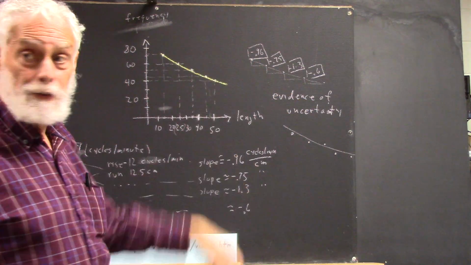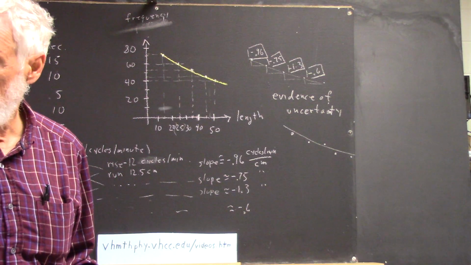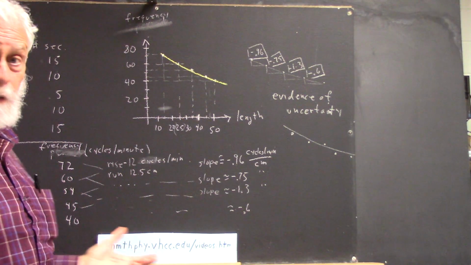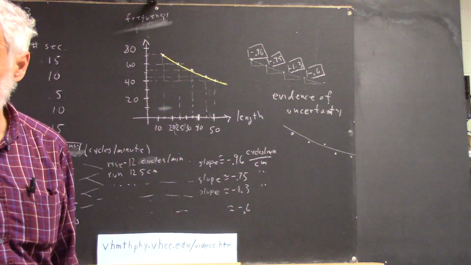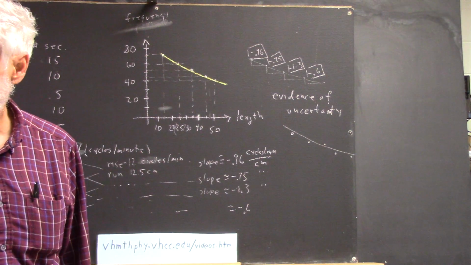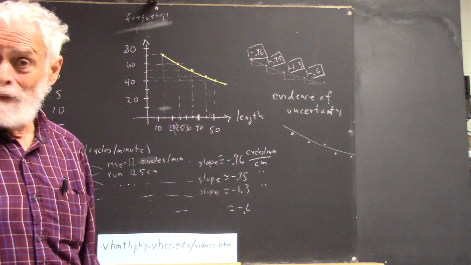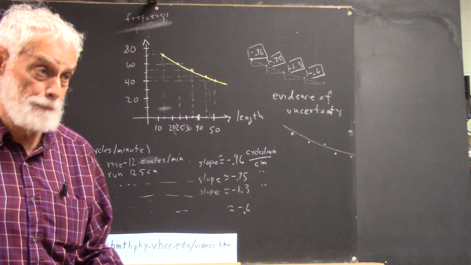So there's some evidence already that we have some uncertainties in our data. Now this comes out of the idea of a scatter graph. This is a scatter graph. We just plot all our data points, that's a scatter graph. So if somebody wanted to know what the scatter graph was, we did this exercise. I was going to do this exercise anyhow, but I did it in answer to the question of what's a scatter graph.